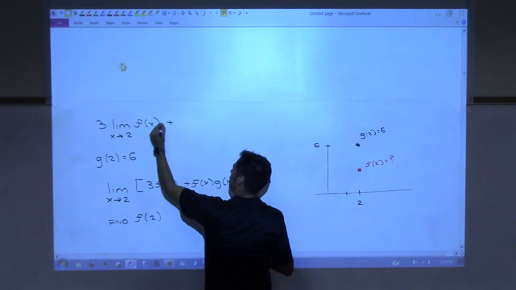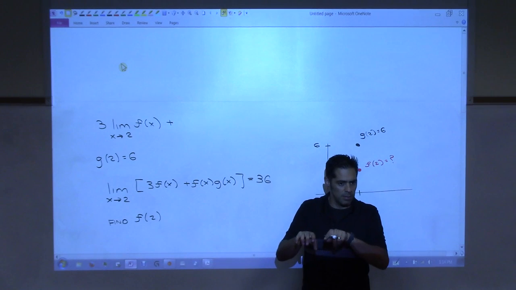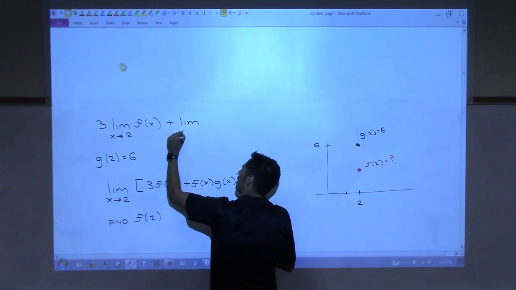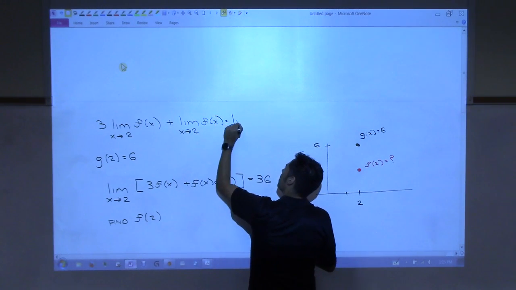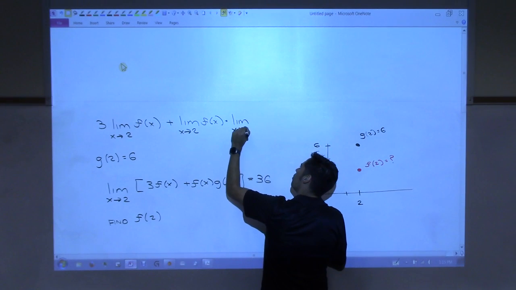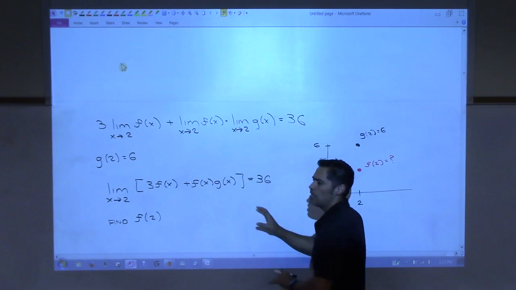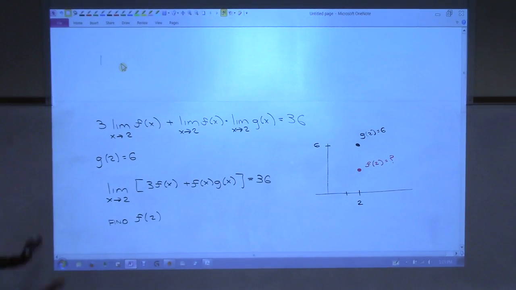Plus, now when you have a product in a limit, can you split it into 2 limits with the product? Yes. So I can write plus limit as x approaches 2 of f of x times limit as x approaches 2 of g of x must be 36. Do you follow what I've done? Just kind of split this all up using limit laws. Do you know any of those pieces?